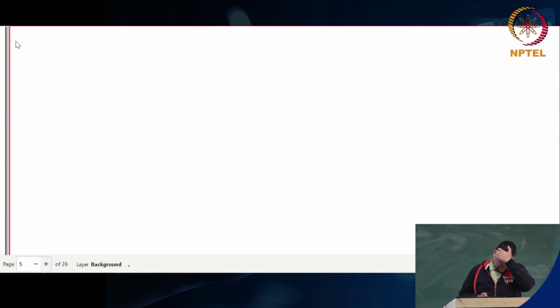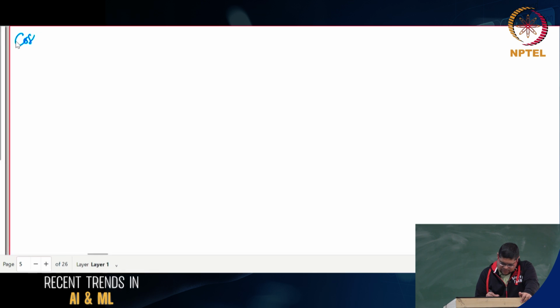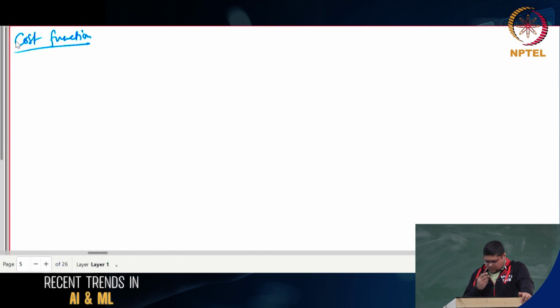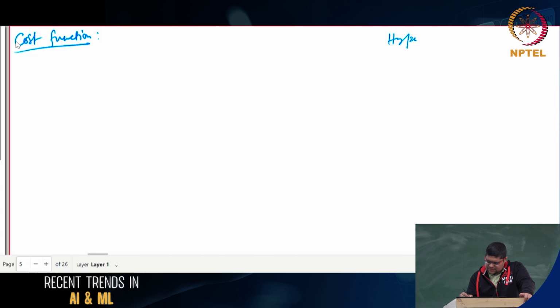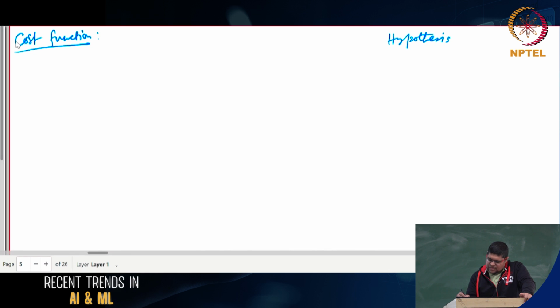So for that we need to know some cost function. In regression, it's just terminology. So here in regression we call something the hypothesis.